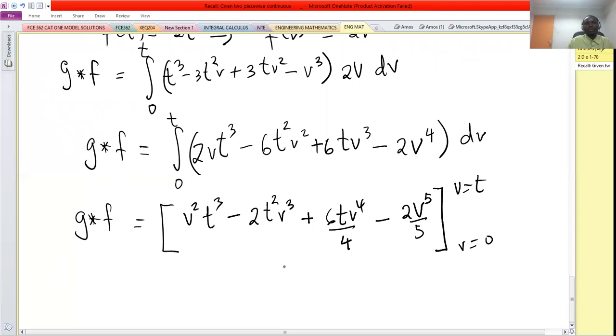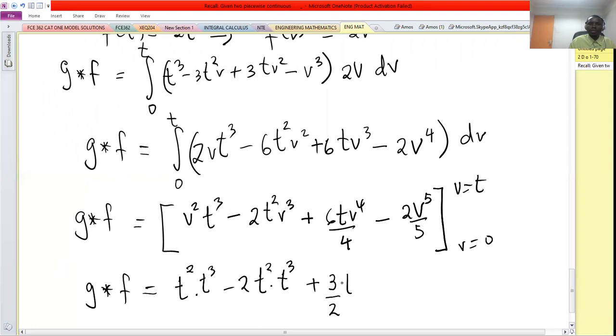You realize that the lower limit will be 0. So g star f will be t squared times t power 3 minus 2t squared times t power 3 plus 3 over 2 t times t power 4 minus 2t power 5 over 5, and then minus 0 because the lower limit is 0.